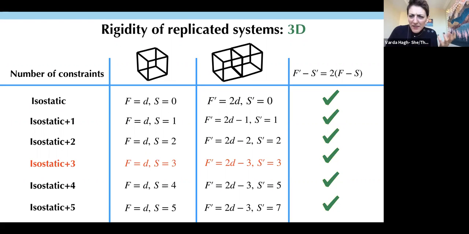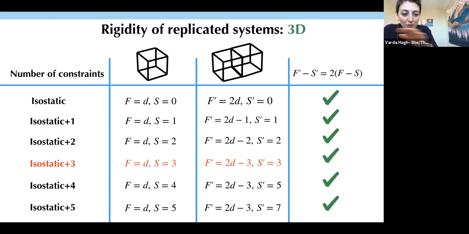And I think we have checked a few 4D systems too, and we see a similar trend. But the basic trend is that whenever the number of states of self-stress in the system is smaller than D, which is the dimension of the space, replicating a system and attaching it to itself will increase the number of zero modes in the system, but will not change the number of states of self-stress.